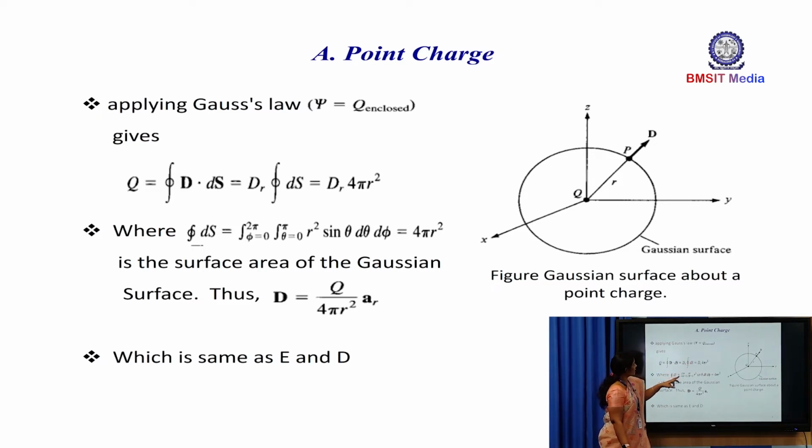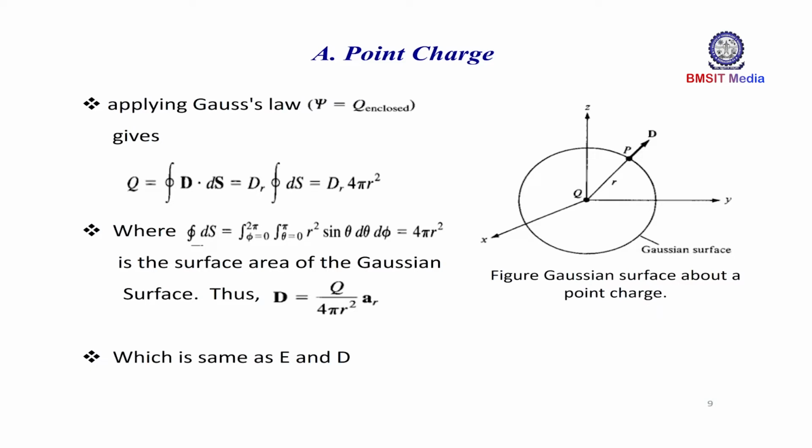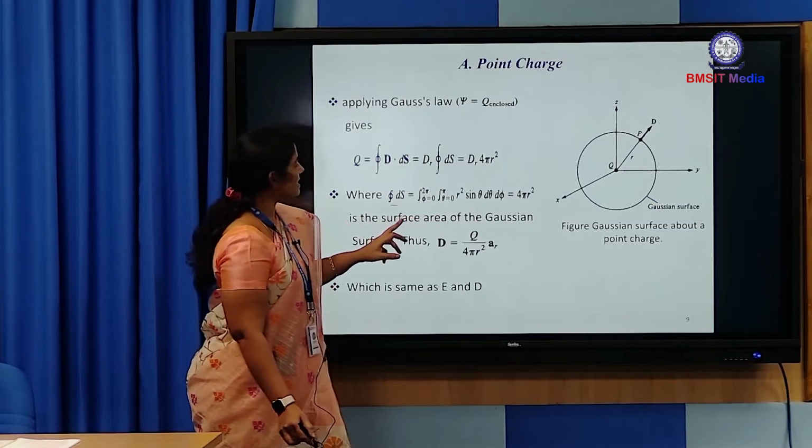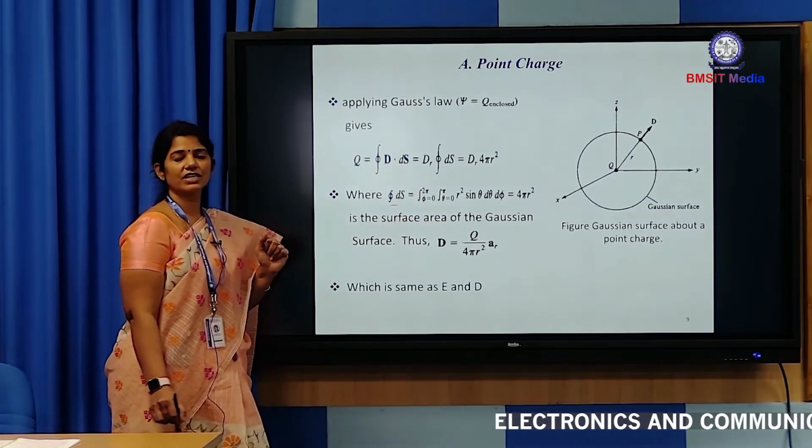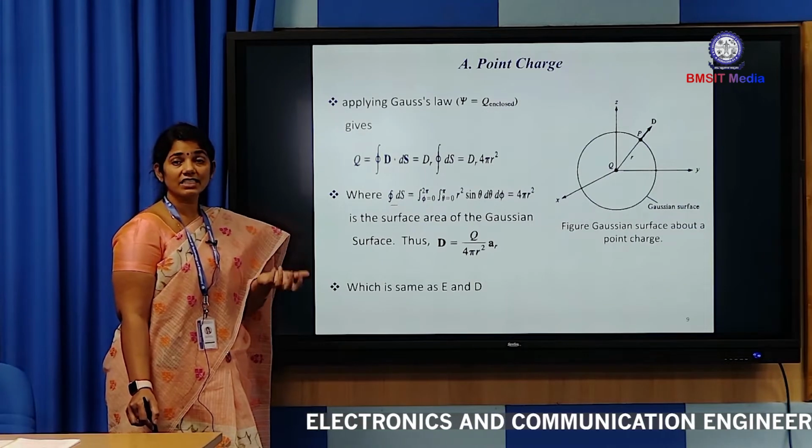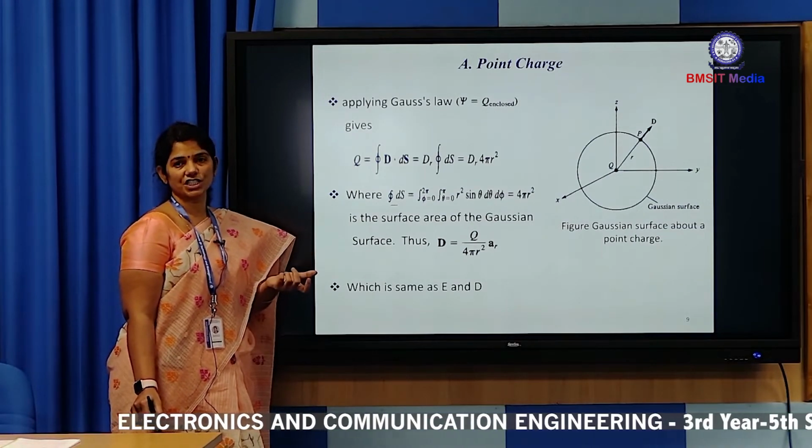How do we get the closed surface of the sphere? The variables are theta and phi. Phi varies from 0 to 2 pi and theta varies from 0 to pi, and for the spherical coordinate system it is r square sin theta d theta d phi, as you well know. The total value of this is 4 pi r square, which is the surface area of the Gaussian surface, as we calculated when we determined E for the point charge.